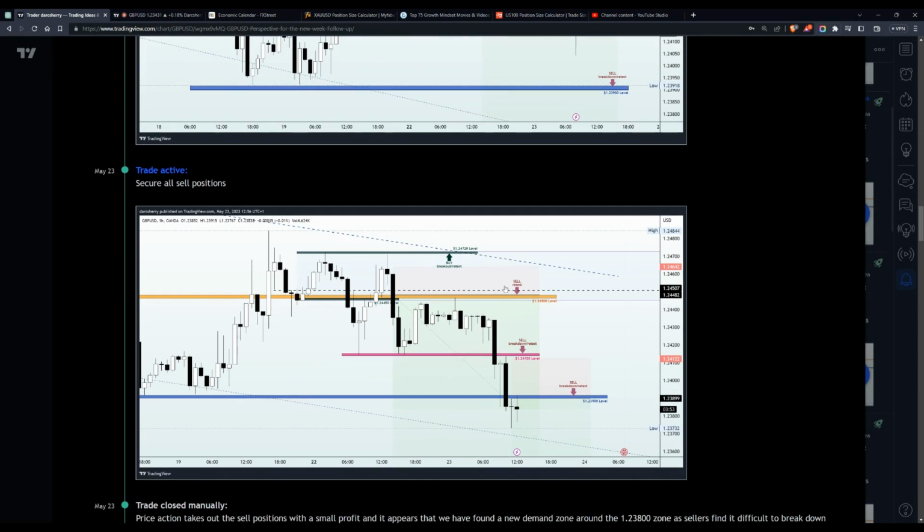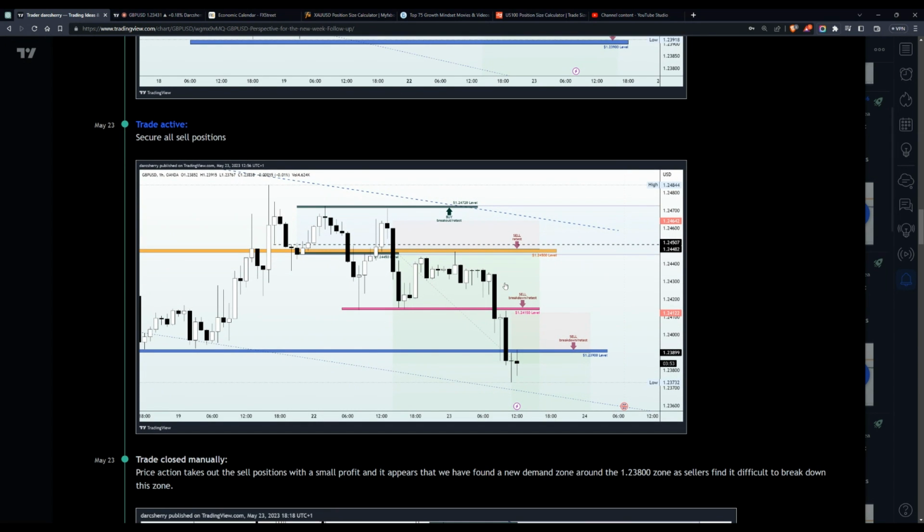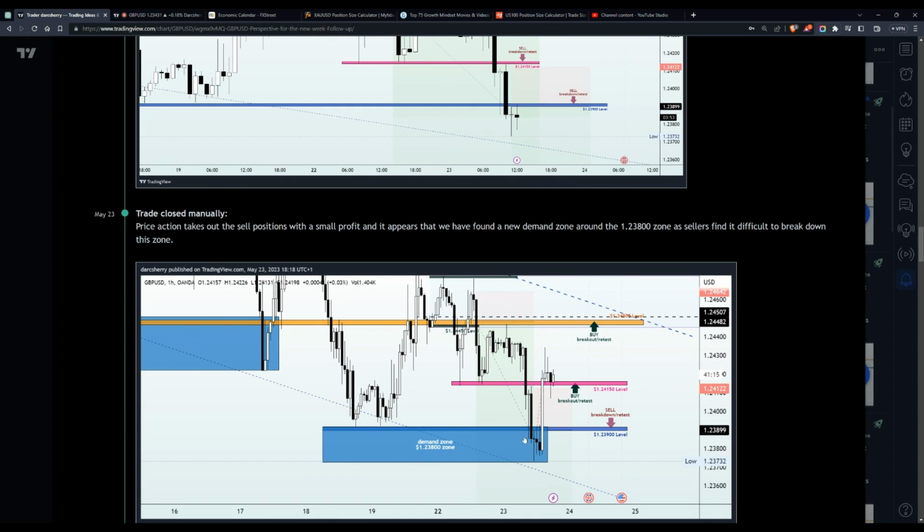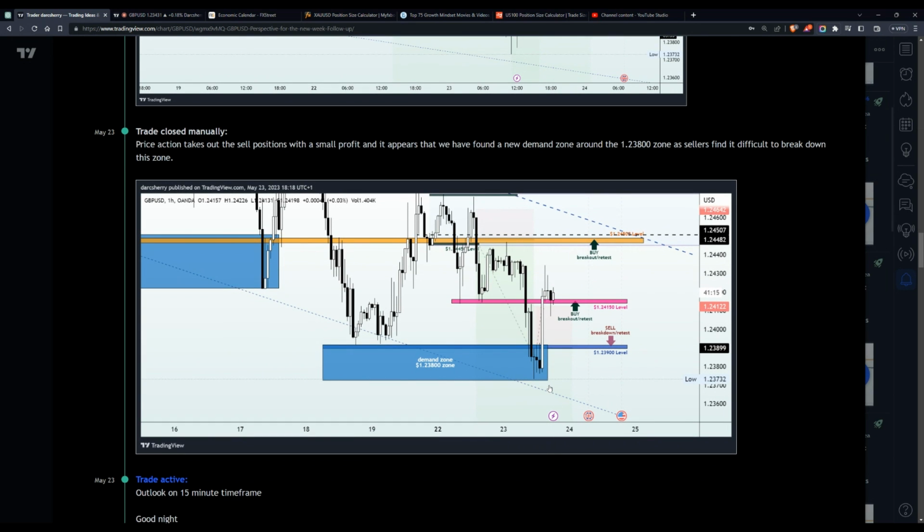As you can see, price action continued to the downside. At this point, we had about three positions before we were taken out after the bullish momentum began. As a result of that engulfing candle, we were thinking that we have a 1.238 demand zone that might likely incite bullish momentum.